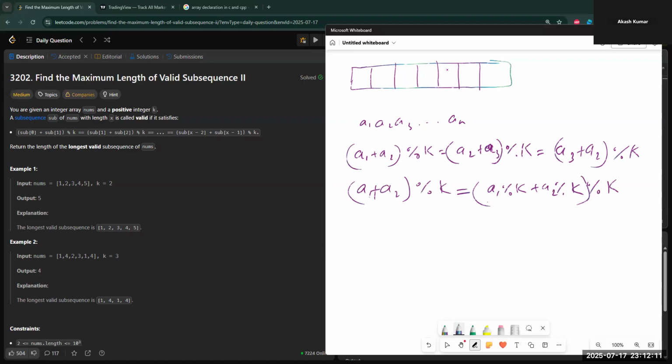So either we take the original array, or we take an array that contains the elements modulus of the original array, and that will be equal. This condition will be very helpful to solve this question. So what is the intuition for this question?